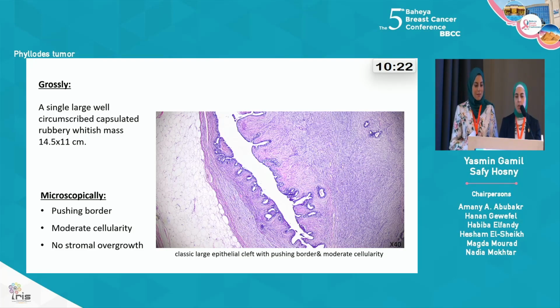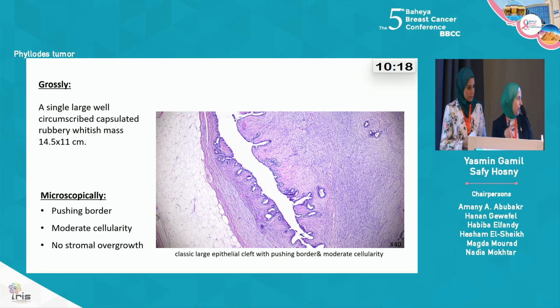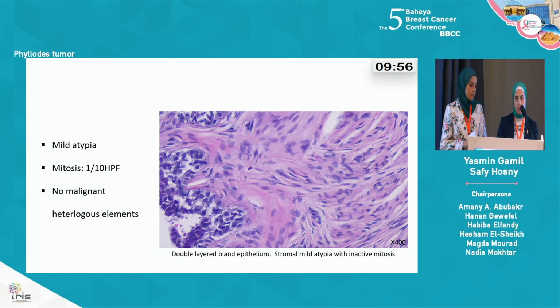Microscopically, we can see the well-defined pushing border of the mass, the moderate cellularity, and there was no stromal overgrowth. Stromal overgrowth is defined as a complete absence of any epithelial element within at least one low power field. We can also see the classic large epithelial clefts characteristic of phyllodes tumors.